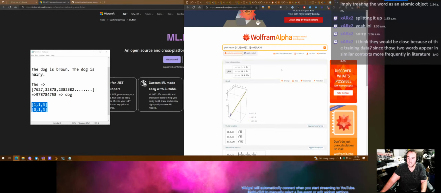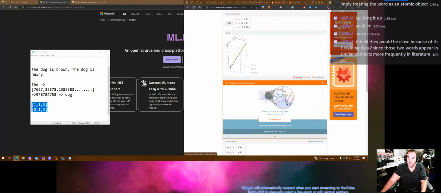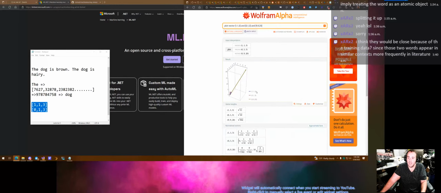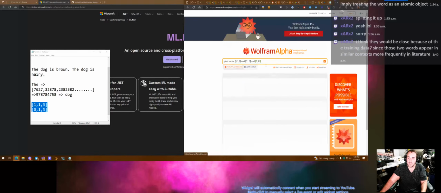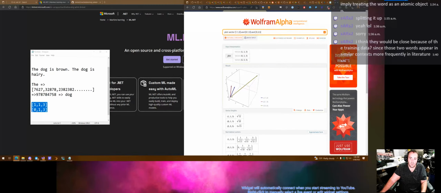So let me enlarge. So let me do a thing that's closer to it. So 5, 5, 5. Yeah. So the last one would be car. So king and queen are close together in the dimensional space, and then car, which I'm pretending is the last one, is further away, right?